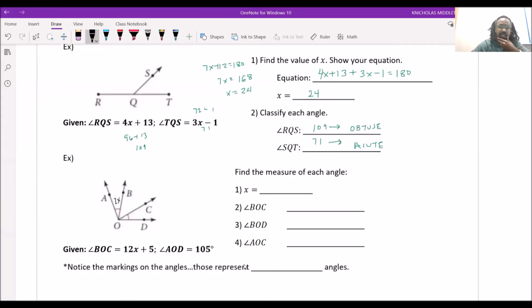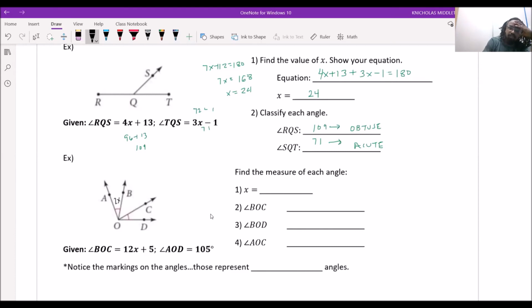Looking at this final problem, it says find the measure of each angle. You'll notice that we're given these arcs, and these arcs are the same thing for us as a dash on a segment, except it concerns angles. These arcs are telling us that these two angles are congruent.